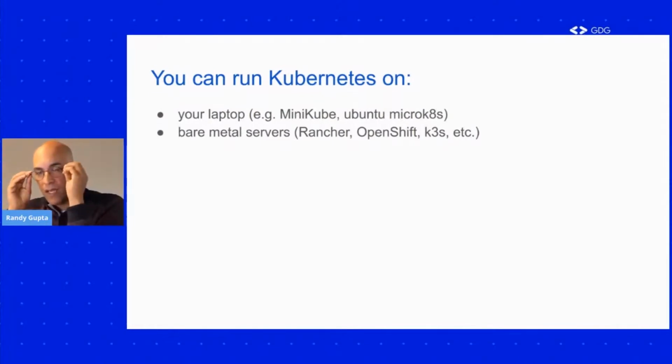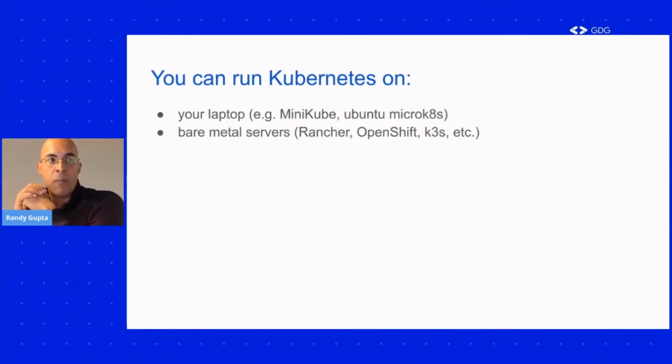My personal favorite distribution for bare metal Kubernetes is Rancher. That makes it very easy to deploy Kubernetes on bare metal machines. All you need is SSH access, and Rancher spins up a whole Kubernetes cluster on top of that.